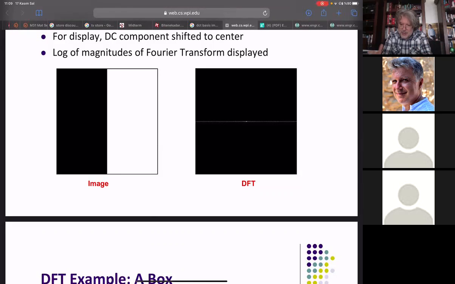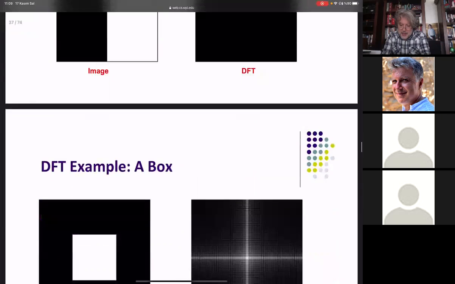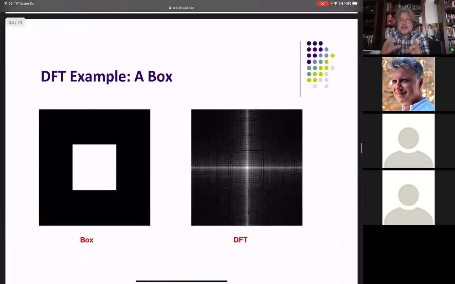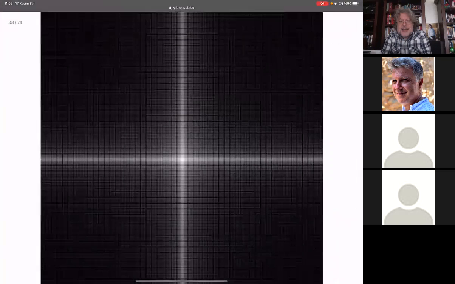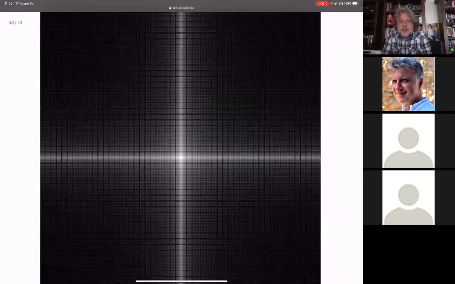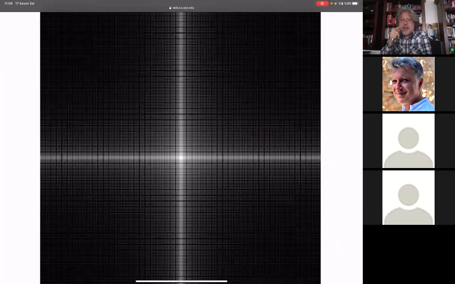So this is the Fourier transform of a box: inside the box is non-zero, outside is 0. If you focus a little bit on this, you will notice that it passes through some zeros, and that is because of the sinc.